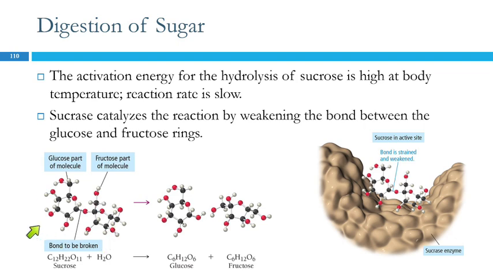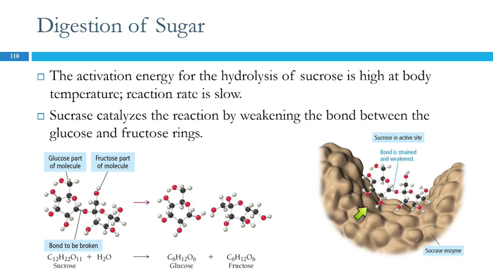Sugar is sucrose, and sucrose is glucose and fructose connected by a single bond here. Your body needs to break this to release the glucose and fructose so it can do other stuff with it. Well, this bond is pretty strong, and so at normal temperatures, this is a really slow reaction. Your body needs it to happen faster.